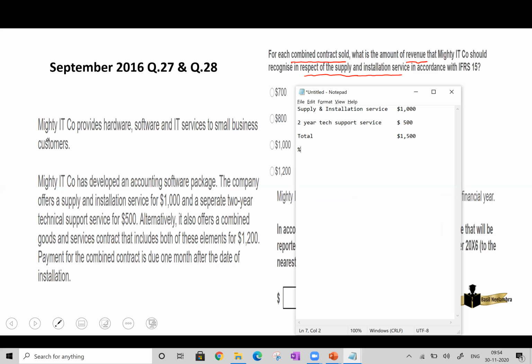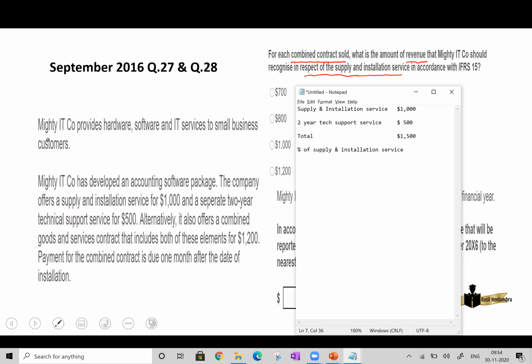So calculating the percentage of supply and installation service.